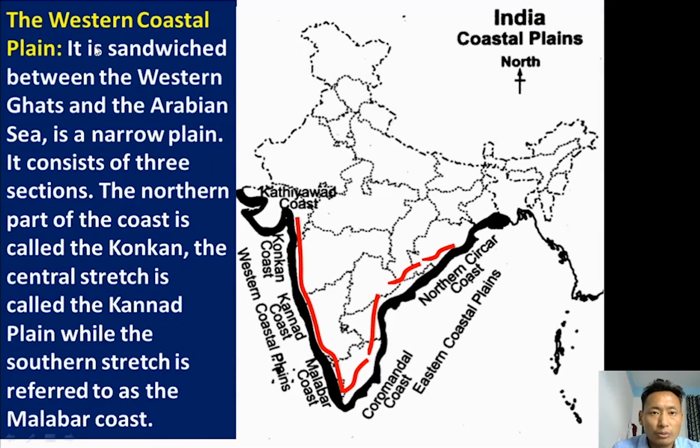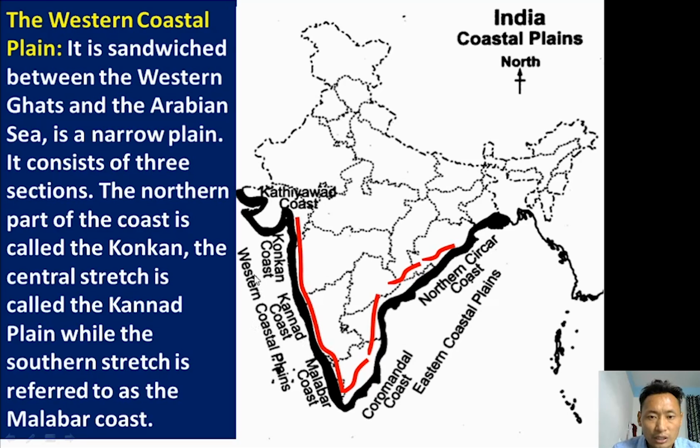First, we are going to learn about the characteristics or the features of the Western Coastal Plains of India. If we talk about the location of the Western Coastal Plain, it is located in between the Western Ghats and the Arabian Sea. This particular red line shows the Western Ghats.